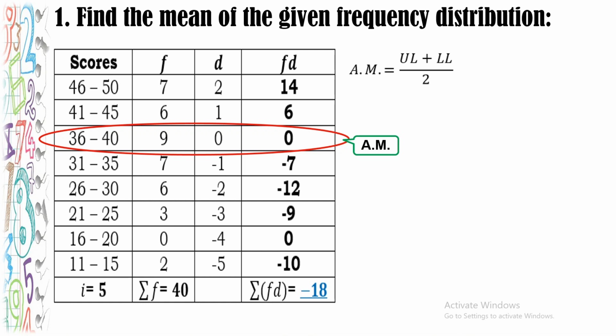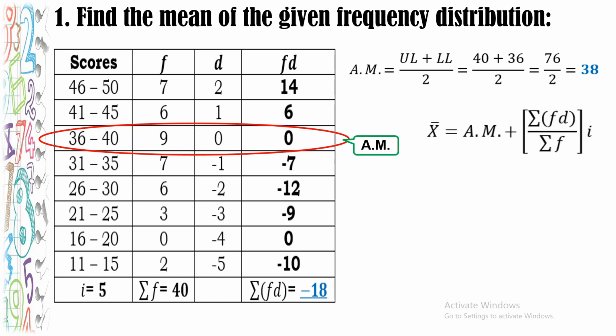So that's upper limit plus lower limit divided by 2. By substitution, we now have 40 plus 36 all over 2. And 40 plus 36 is 76 divided by 2, so we have 38.